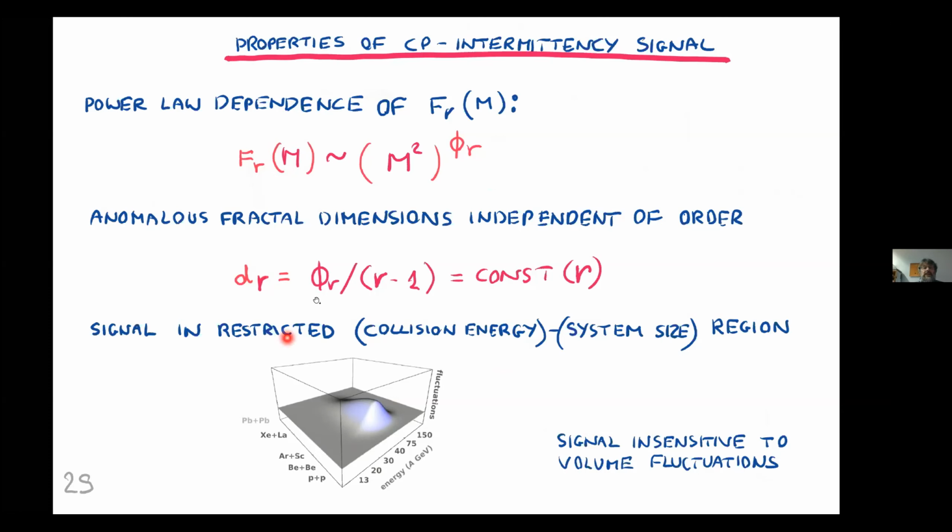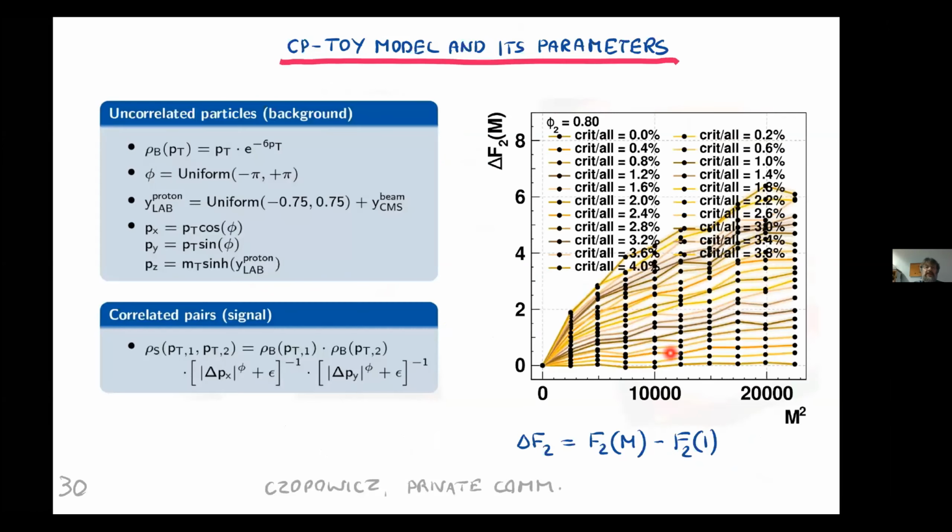Then the anomalous fractal dimensions extracted from these powers should be independent of order. Very good. And then, of course, the signals should be observed only in a given limited region of collision energy and nuclear mass number. There are many other nice properties which I don't want to discuss because of the limited time.